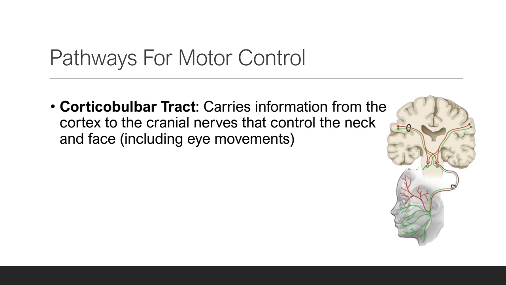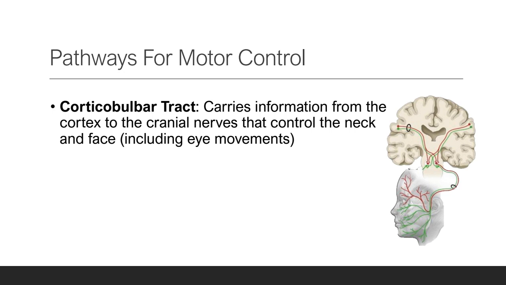So okay, the corticospinal tract carries information through the brainstem and to the spinal cord. But we've got this other tract that controls muscles that are directly controlled by the brain, without that kind of middleman of the spinal cord.